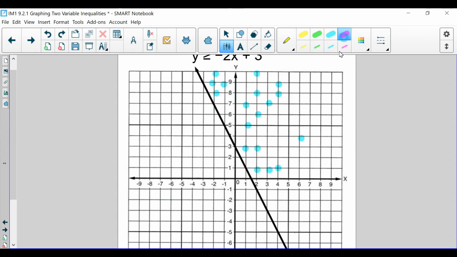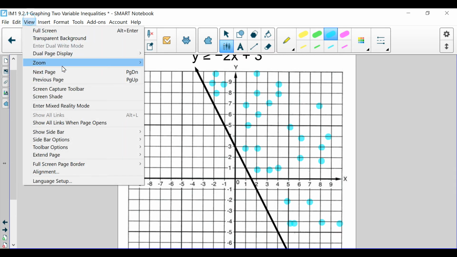If you were to test any of these points here, you'd notice they are not solutions, and that's why it doesn't work. So all the solutions happen to be here, making the inequality a true statement.